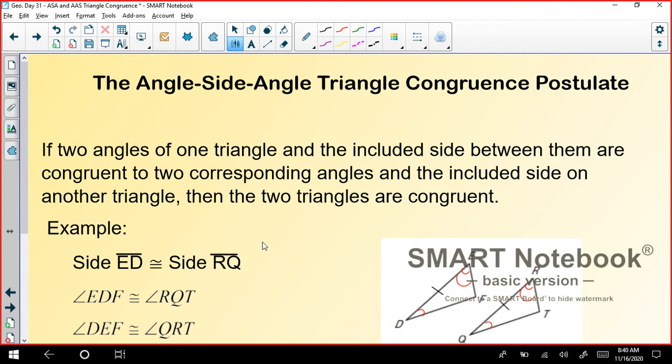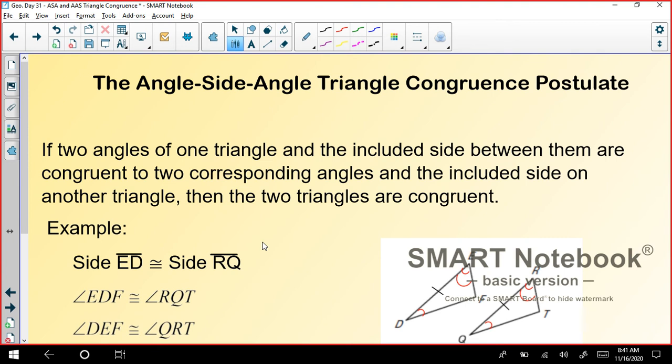Okay, the first postulate that we are studying today. In the previous class you saw the SAS postulate, the SSS postulate, and the HL congruency theorem.